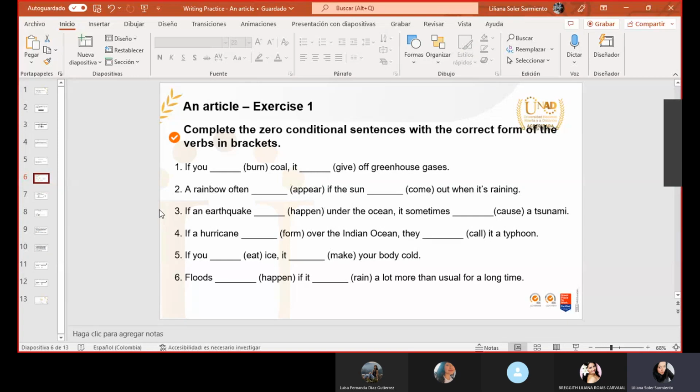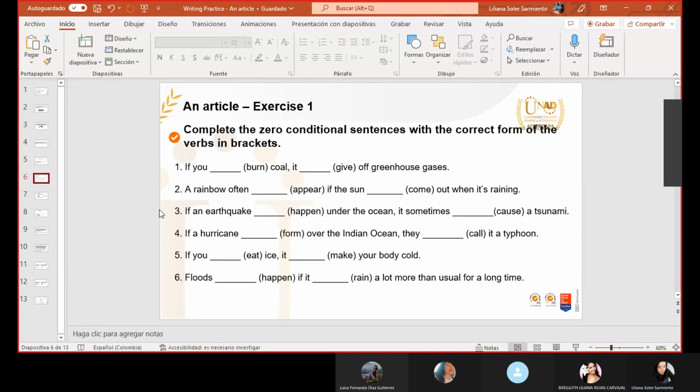Number 5, if you eat ice, it's the same form of the verb. If you eat ice, it makes your body cold. Very good. The condition, if you eat ice; the result, it makes your body cold.